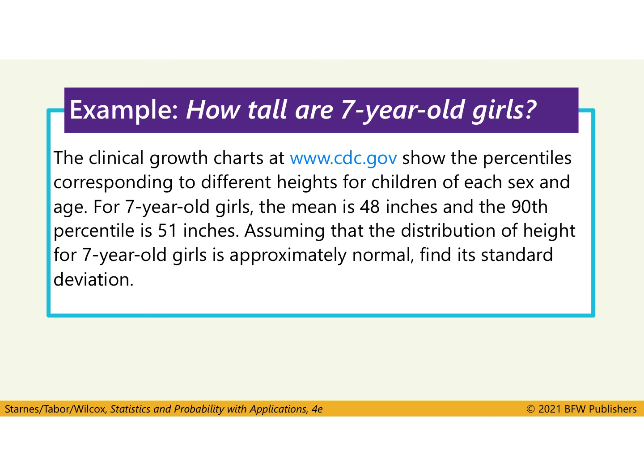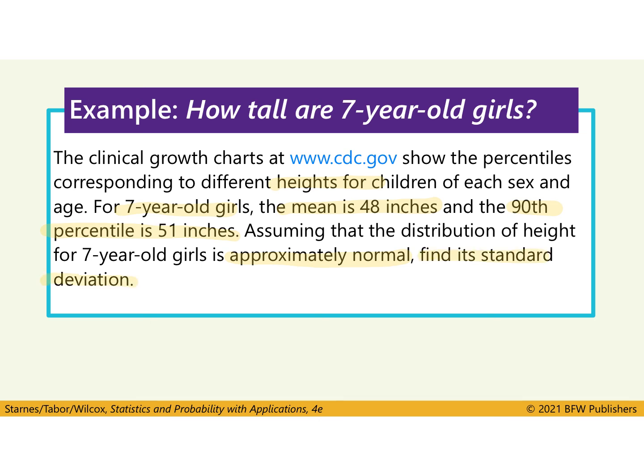What are we talking about? Okay, heights of 7-year-old girls. The mean is 48 inches. The 90th percentile is 51 inches. Assuming that the distribution of heights is approximately normal. If it's not approximately normal, we can't use any of this. It has to be approximately normal. If the data is skewed, then this is useless. We're going to find the standard deviation.